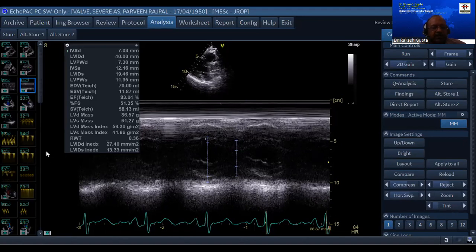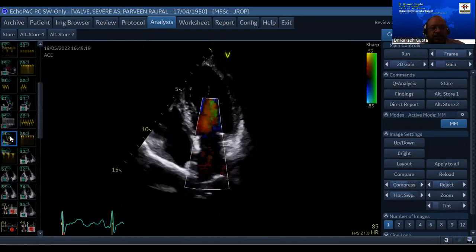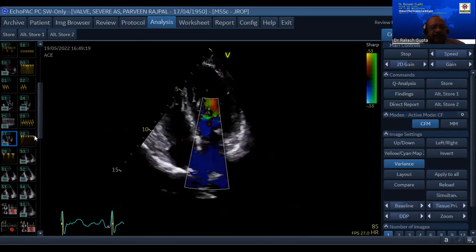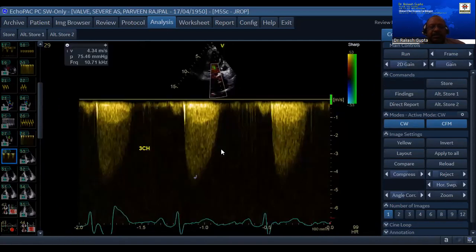Then the next issue is what we do. We go to the 5 chamber view. This is mitral flow. And then we go to the 5 chamber view to look for aortic gradients.